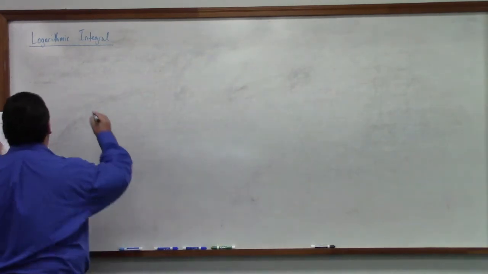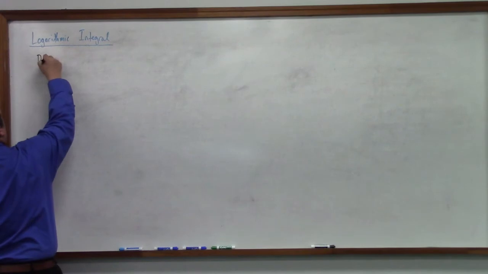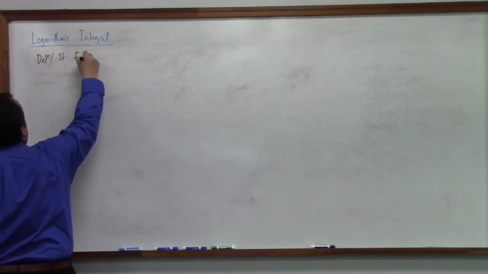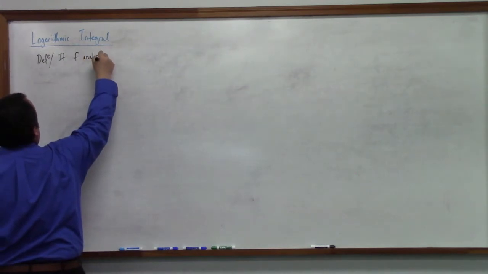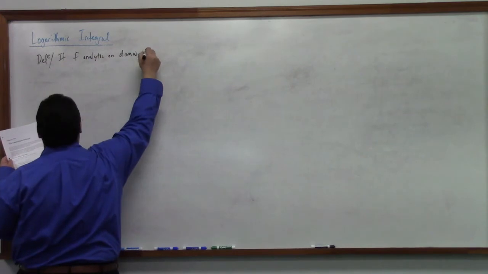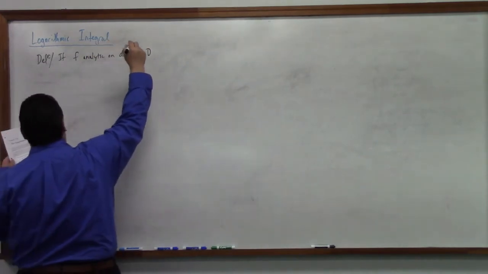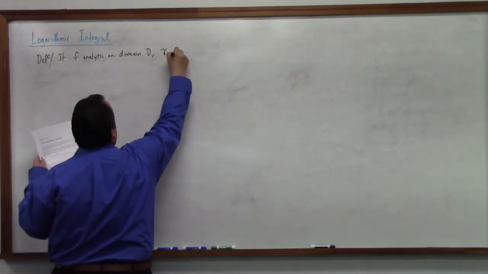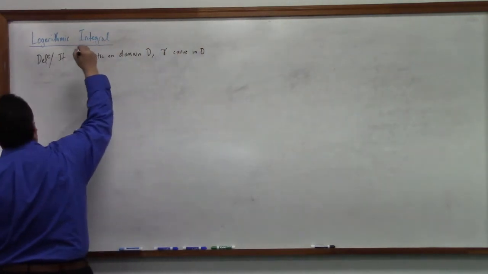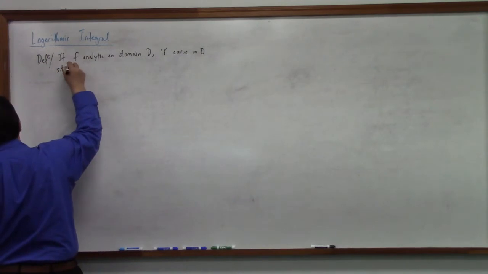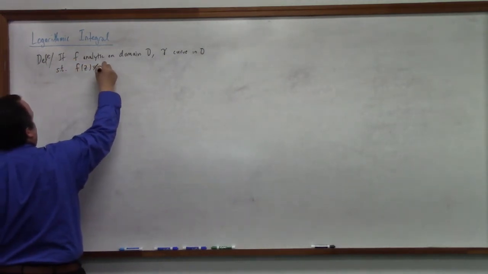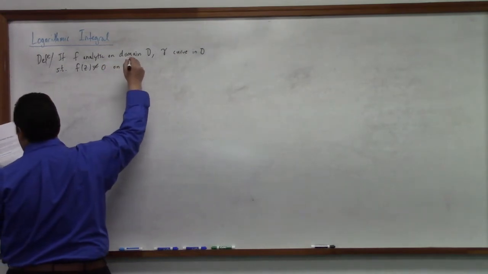So definition: if f is analytic on a domain D and gamma is a curve in D such that f of z is not equal to 0 on gamma, all right?